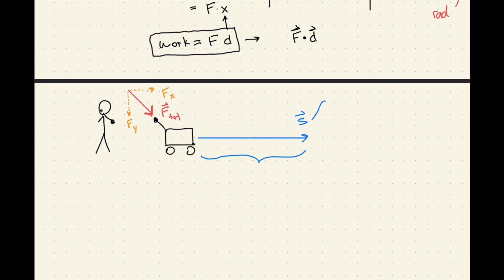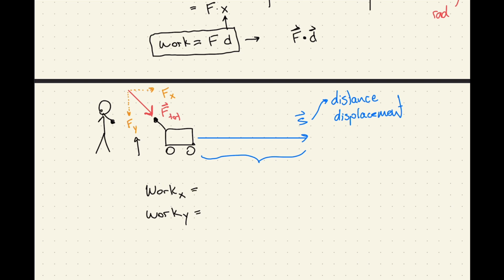This means maybe distance vector, or sometimes they call it displacement vector, right? It is just a vector. Now, since we have the force broken up into components, it is natural to talk about the work in the x direction and the work in the y direction.